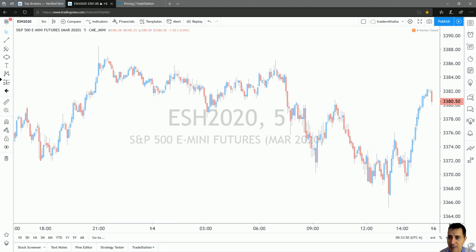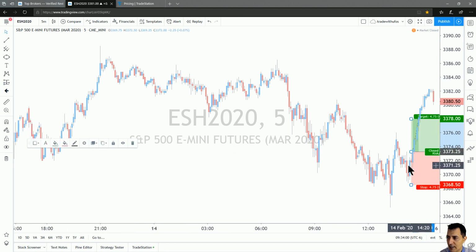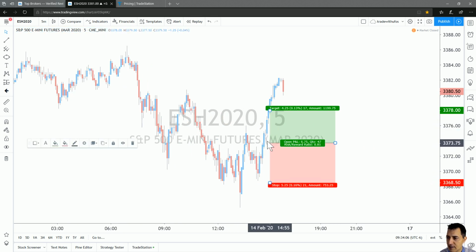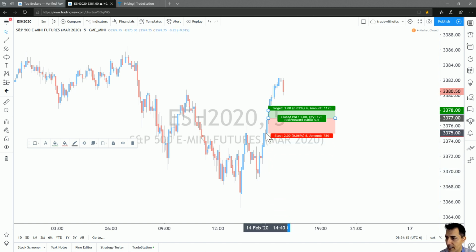There is a tool here called the long and the short position. Those tools are very cool because you can click anywhere on the chart and say, this middle point is going to be my entry. Let's say you plan an entry at this particular point, I'm just making this up, and you're going to have your stop 2 points lower.